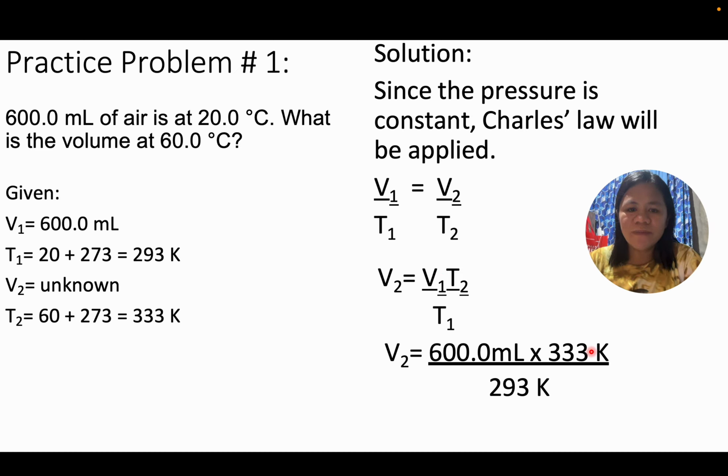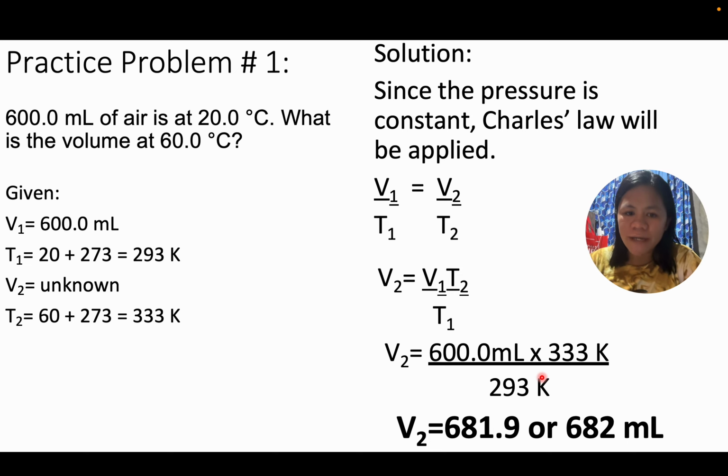Okay? Of course, the Kelvin signs will cancel. So, V2 will be 681.9 or 682 ml.